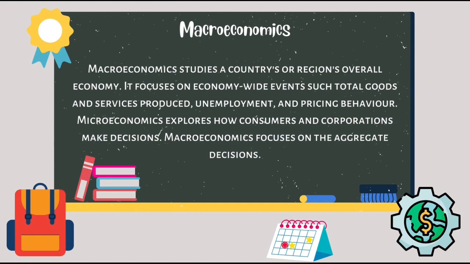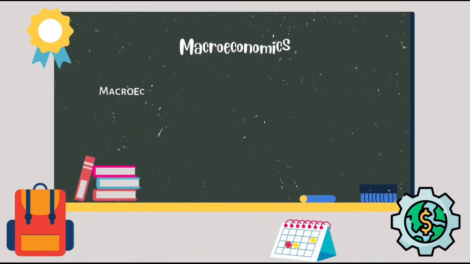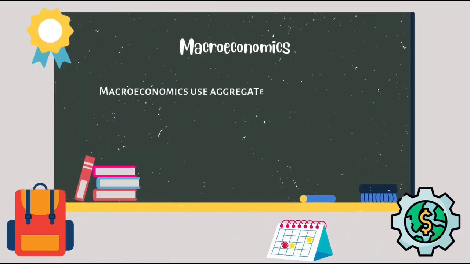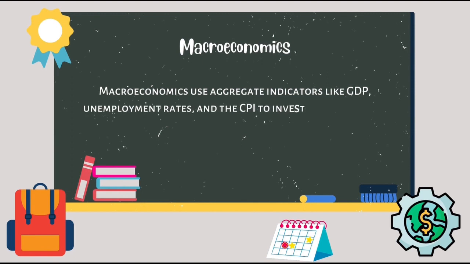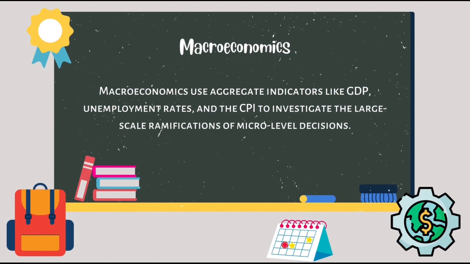Microeconomics focuses on the aggregate decision. Macroeconomics uses aggregate indicators like gross domestic product, GDP, unemployment rates, and the Consumer Price Index, CPI, to investigate the large-scale ramifications of micro-level decisions.